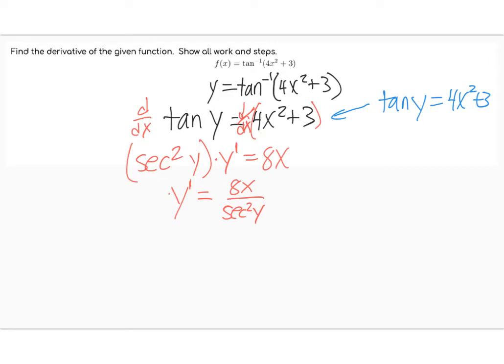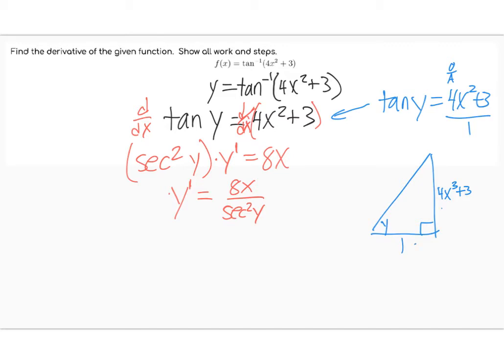What I'd like us to think about this is in terms of a right triangle. If we've got tangent of y, we know that's an angle y, and we know tangent is the opposite divided by the adjacent. This could be written as a fraction over 1, so I could write this as 4x squared plus 3 over 1 for the opposite and the adjacent sides.